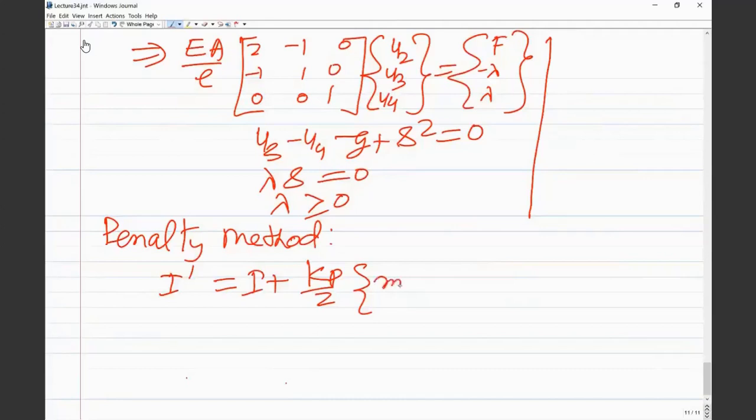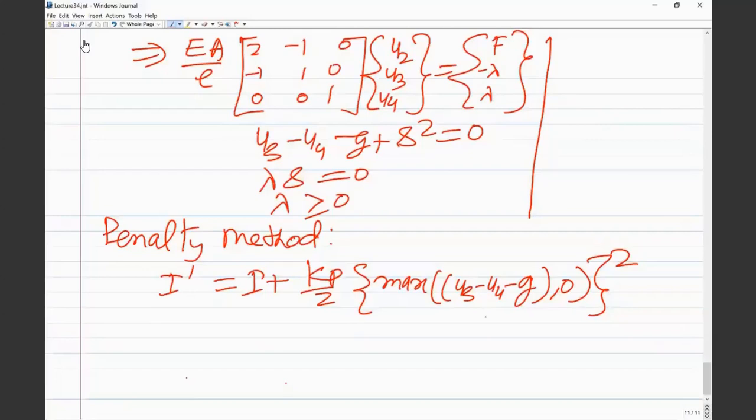So for that, we take the maximum of u3 minus u4 minus g and 0. We take the maximum of these two, and then take its square and multiply over here. So this is when we are handling an inequality constraint. So this is one way of handling the inequality constraint.